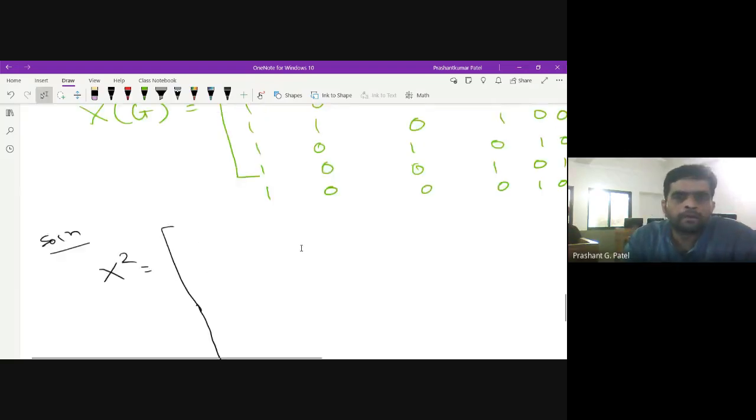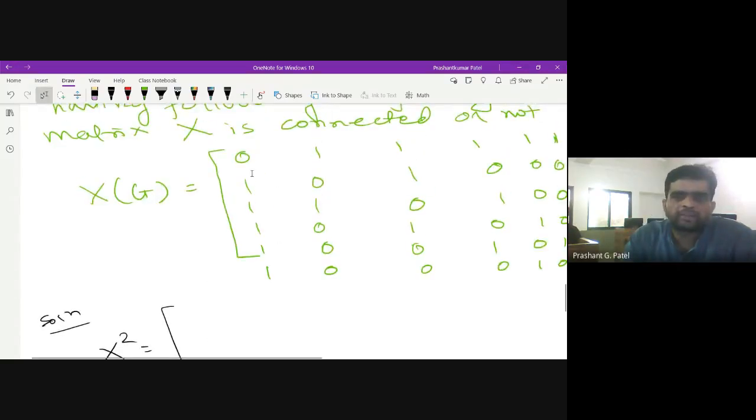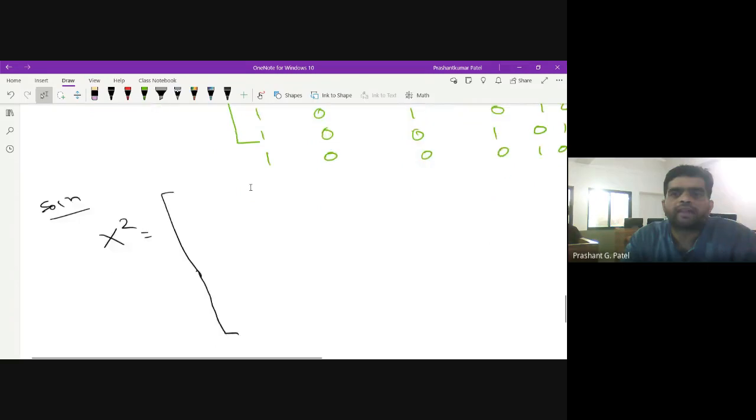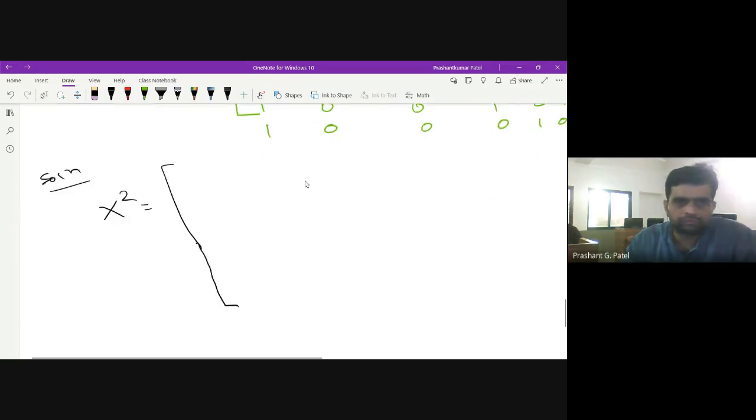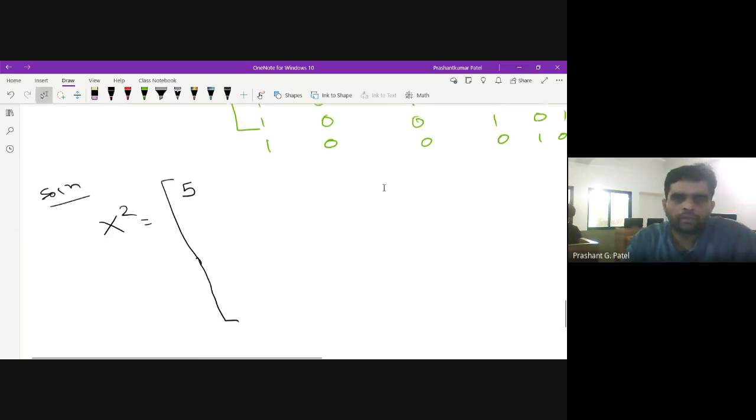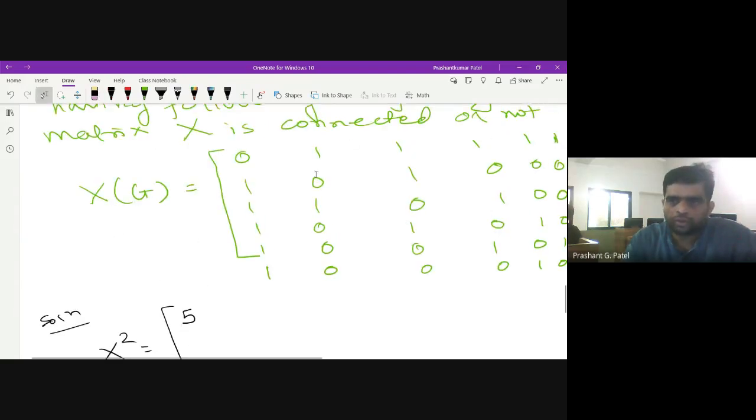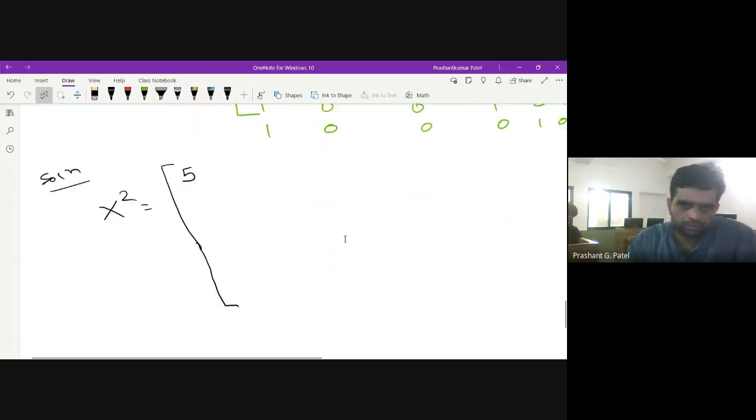Okay. So when you do the matrix multiplication, that means you have to multiply this row to this column, and that will give me 5. First entry is 5. Then this row to the second column, the first row to the second column, then the entry is 1.